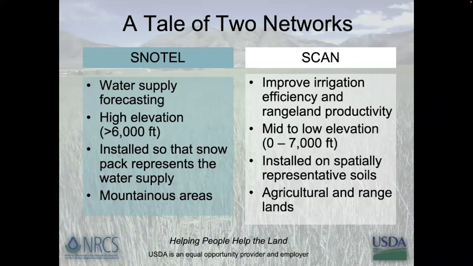Before I dive into SCAN itself, especially for a group that has a Midwestern and Eastern bias, it's helpful to talk about SNOTEL because they share a lot of history. The SNOTEL network is a network of high elevation autonomous solar powered weather stations that also measure snowpack.